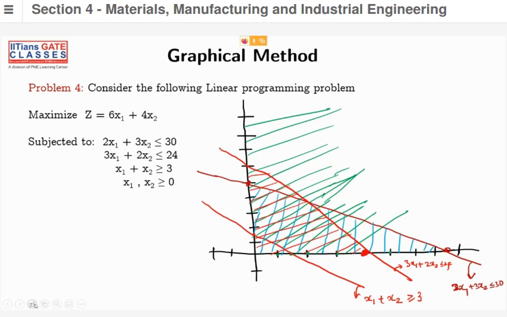Okay, so I will identify the common shaded regions. This, this, this, this, and this. So I can mark this A, B, C, D, E. Yes, you're right, 42 by 5.